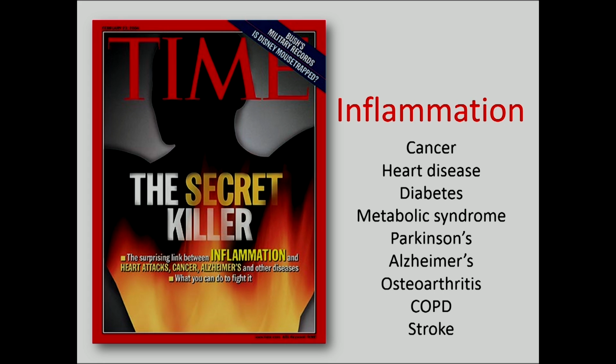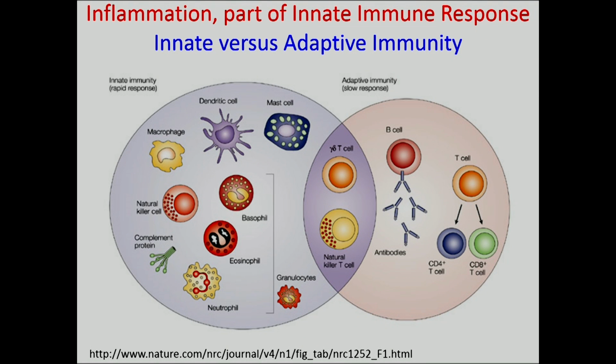alkylating agents. So I'm going to begin with inflammation, which over the past many years has become more and more clear that there's a link between inflammation and many of these common diseases: cancer, heart disease, Alzheimer's, and so on, and stroke. And if we think about inflammation, it's part of the immune response.